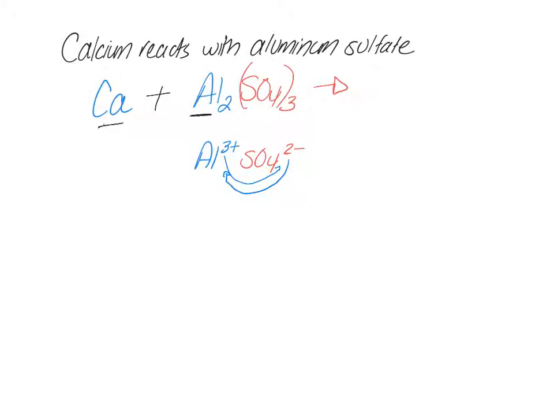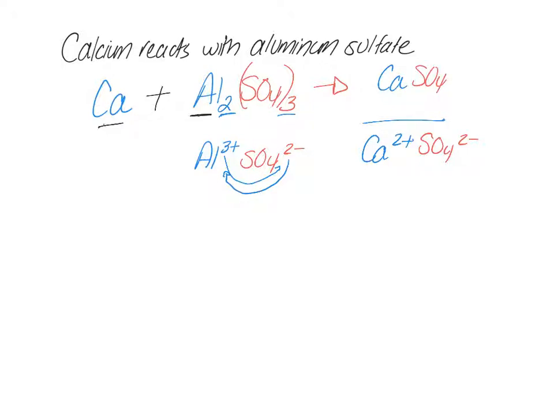It's really common to take the subscripts from over here and somehow put them over here. Don't do that though. Make sure that you always go back to your table of ions and look up, hey, that calcium is 2 positive. Oh, what's that sulfate again? Oh yeah, that sulfate is 2 negative, and now they're going to go together. So that I get CaSO4.